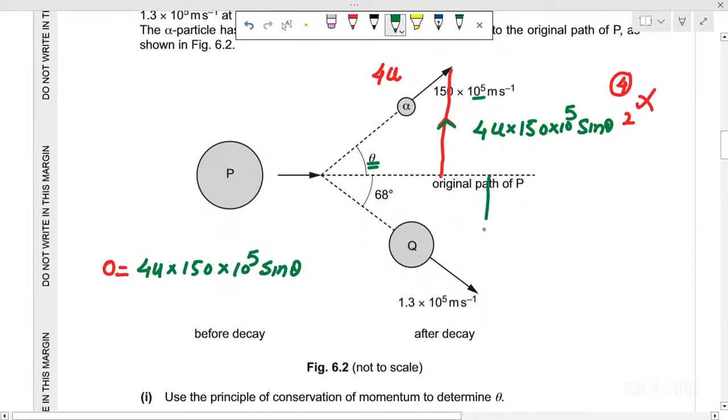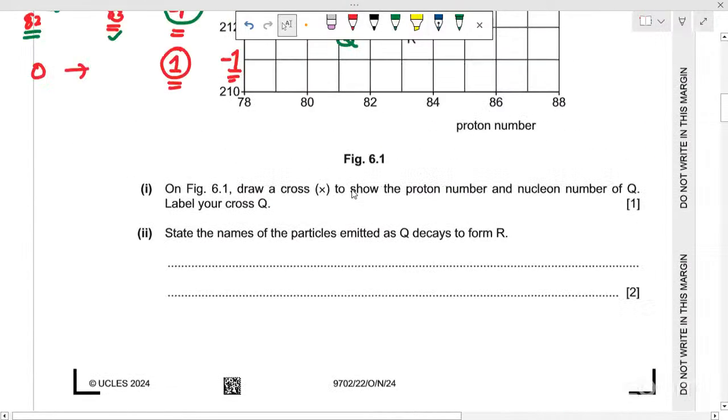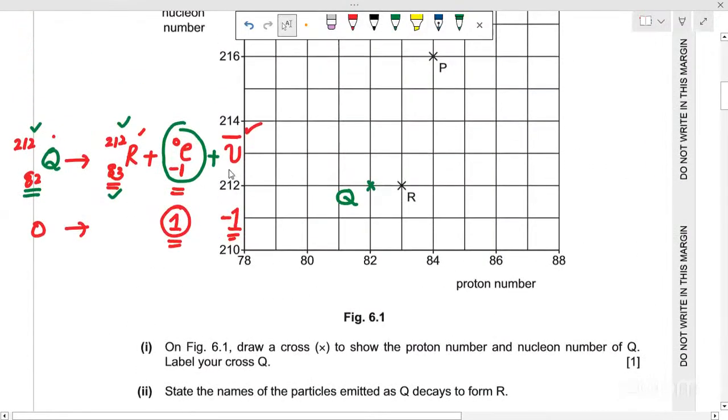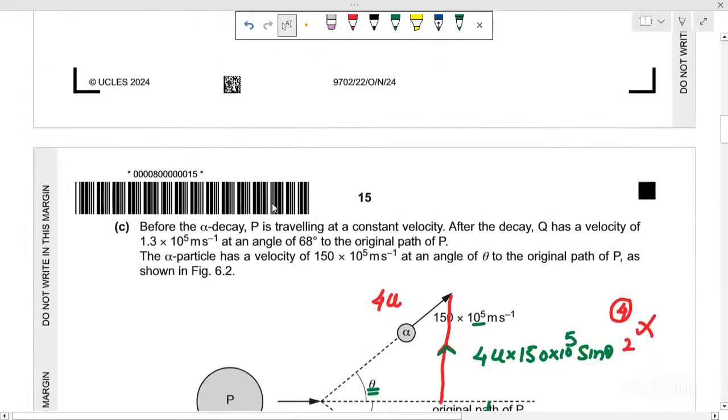And the vertical component of Q would be in the downward direction, and the velocity of Q is this. What is the nucleon number of Q? You can see from here. The nucleon number of Q is 212.